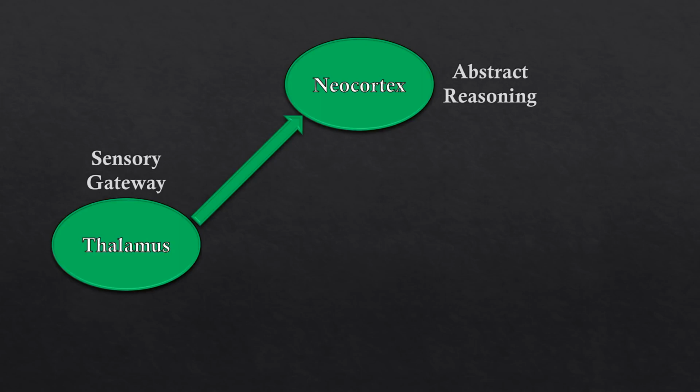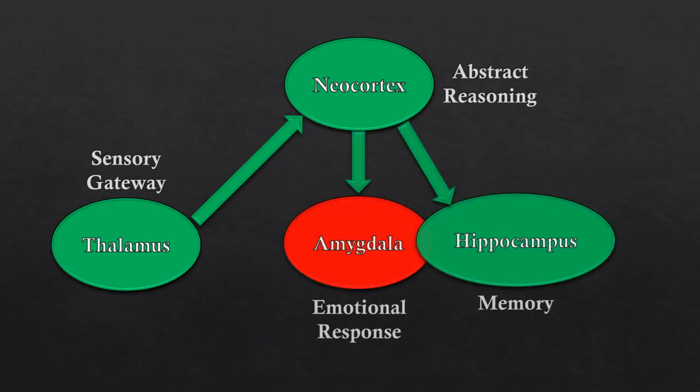To produce some sort of emotion, this information has to travel from the neocortex to the amygdala and the hippocampus. The hippocampus is responsible for memory, and the amygdala produces the appropriate emotional response to a memory. For example, if you see something you fear, the neocortex interprets the image, associates it with a bad memory in the hippocampus, and the amygdala produces the appropriate emotional response.